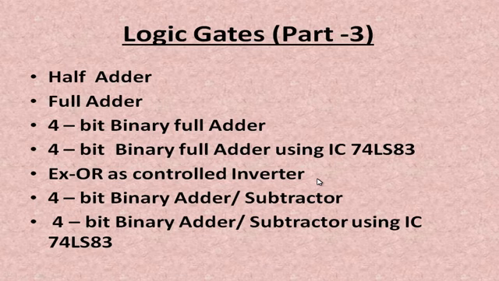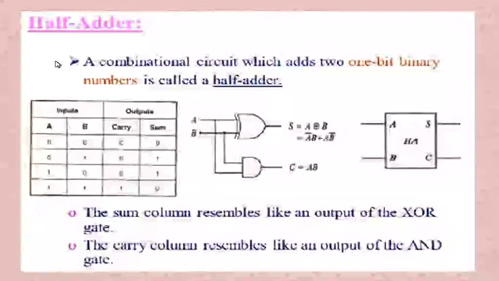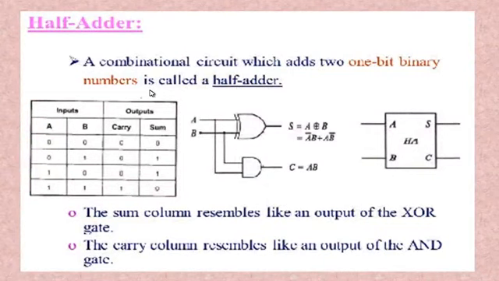Now let us start from the half adder. A combinational circuit which adds two 1-bit binary numbers is called a half adder.